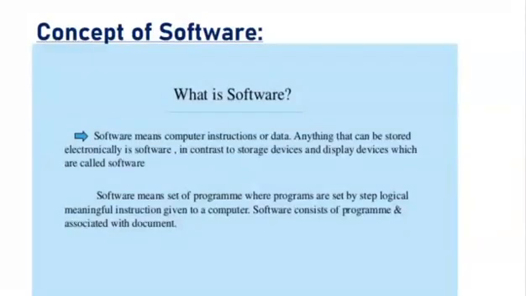Software consists of programs and associated documents. So my dear students, what you can understand is that generally the software of a computer can be divided into types. Now we will see the types of software.